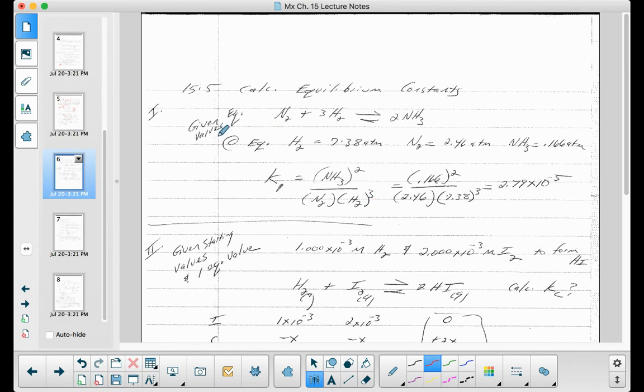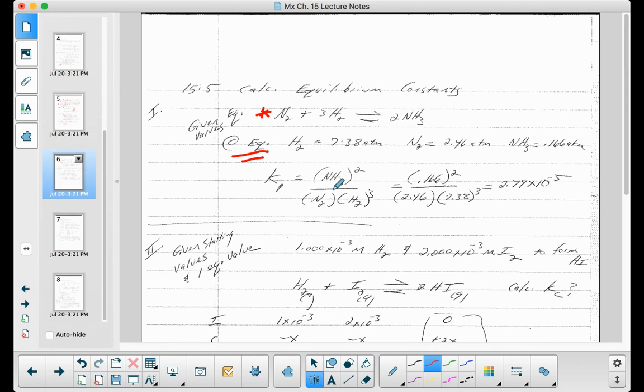And so let's say I'm given this Haber process again, this equation here, N2 plus 3H2 leading to 2NH3. And let's say I'm given these values at equilibrium. This is very straightforward. I'm given atmospheres of pressure for the hydrogen, for the nitrogen, and for the ammonia. So what this is saying is that at equilibrium, these are the pressure values for these components.